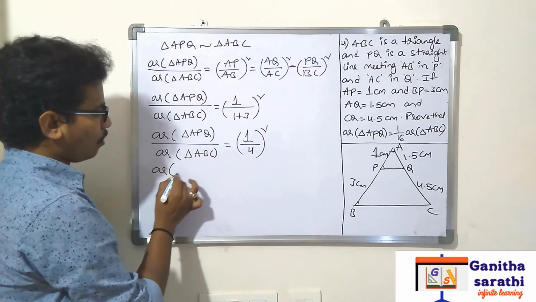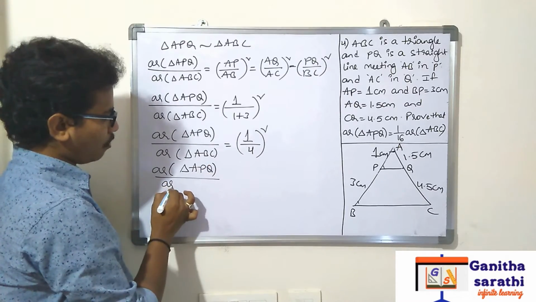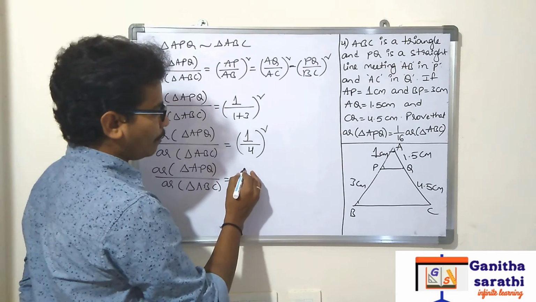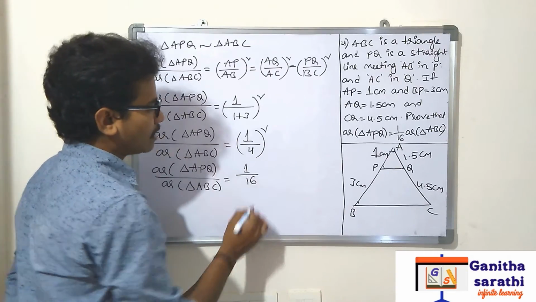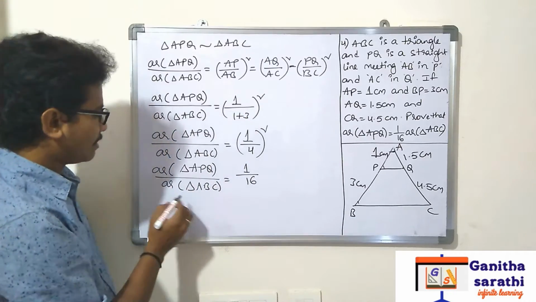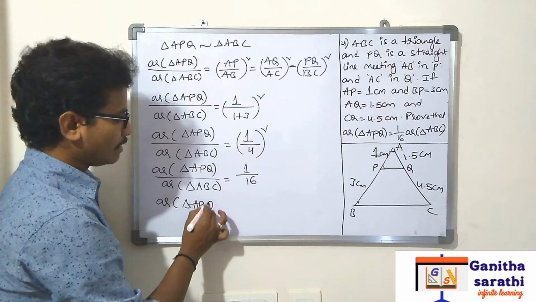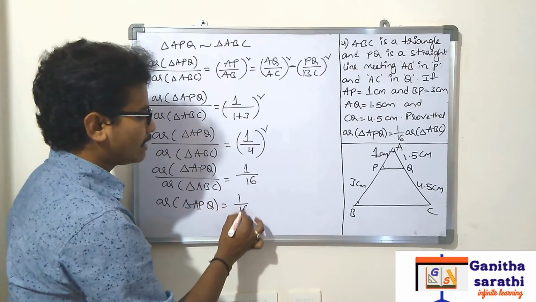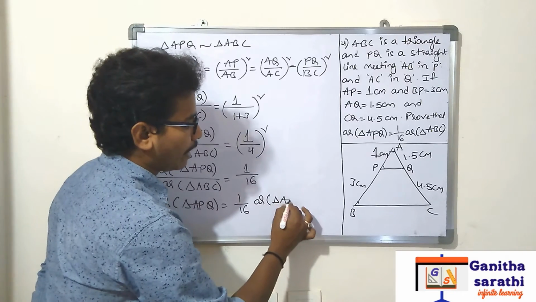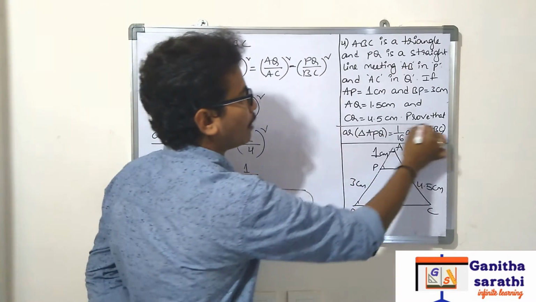Now 1 square will be 1, 4 square will be 16. Make this area of triangle ABC to the right hand side, means area of triangle APQ is equal to 1 by 16th of area of triangle ABC. I think that is our required proof, right?